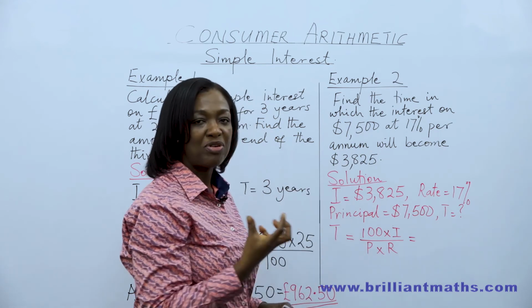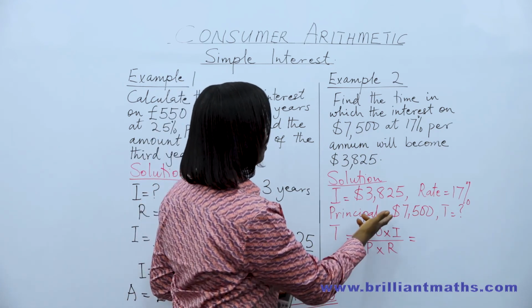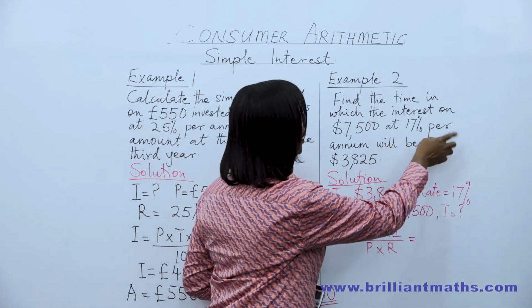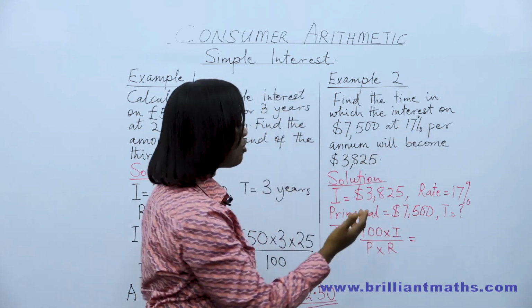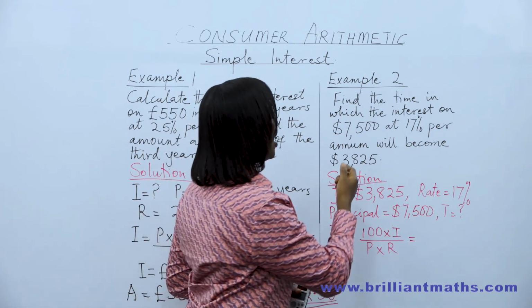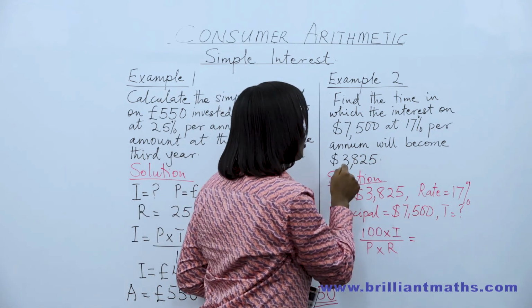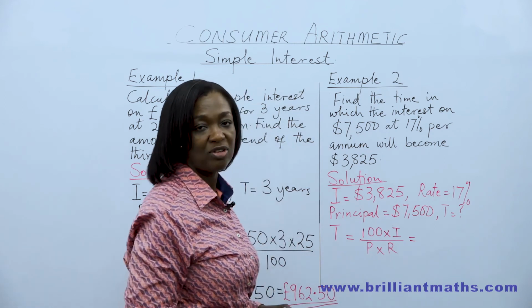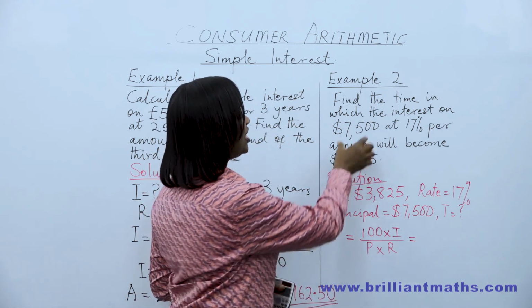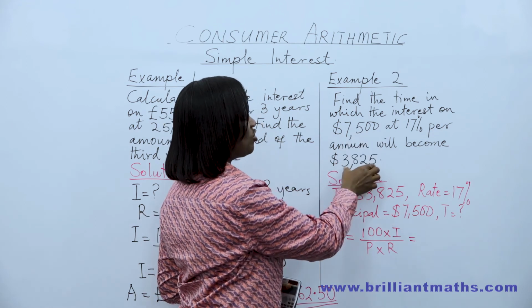Find the time in which the interest on $7,500. So that's the principal. So the principal is $7,500. At 17% per annum, that's the rate. So the rate is 17%. Will become $3,825. At what time or after how many years will this investment earn an interest of this?